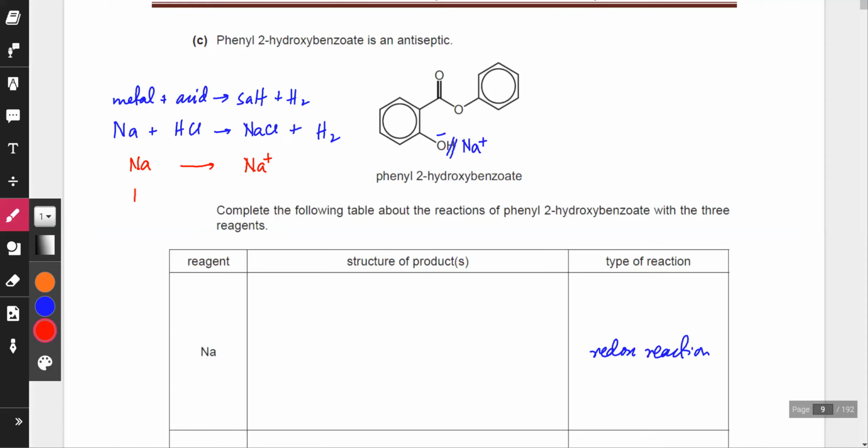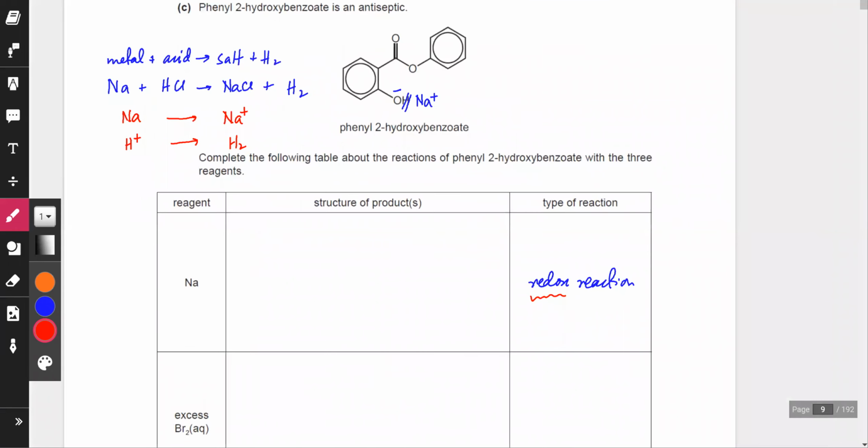And H was actually plus 1 initially. It was an acid, HCl. And at the end, it's changing into H2 gas, which is neutral. So metal plus acid reactions are always redox reactions. Okay, remember this.